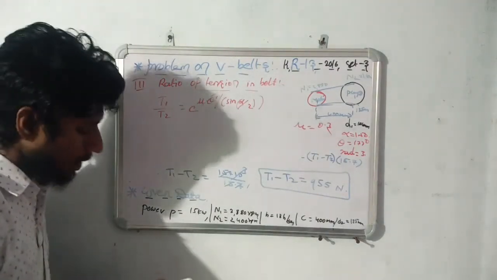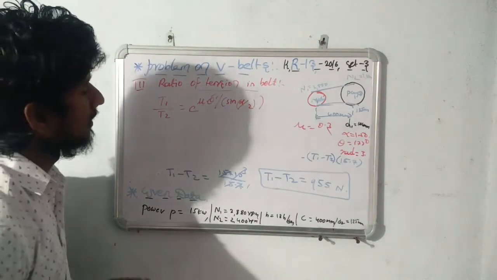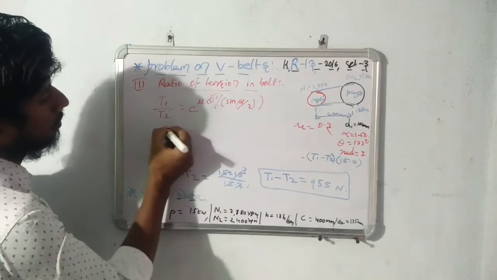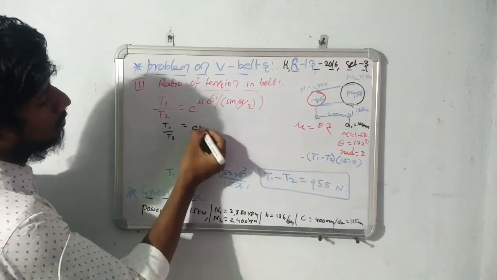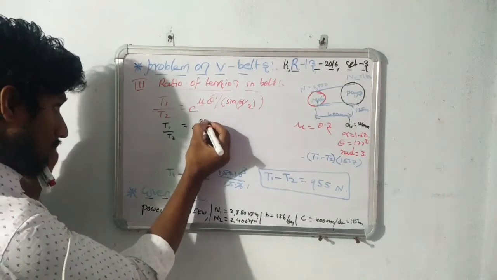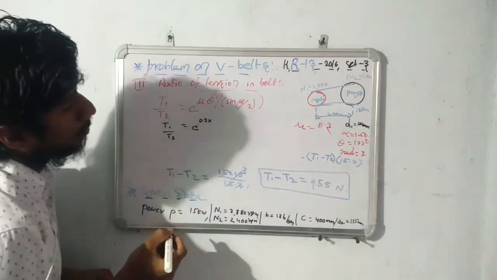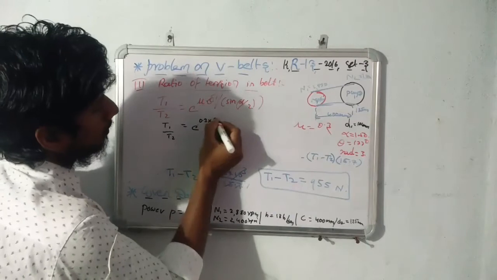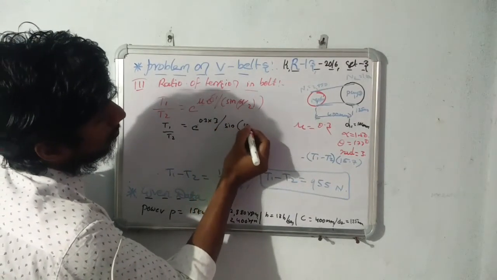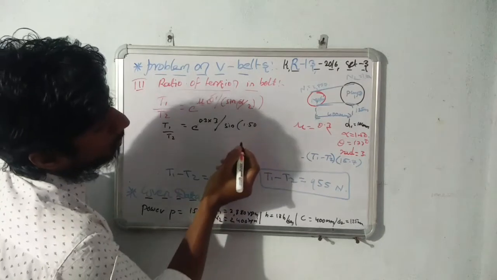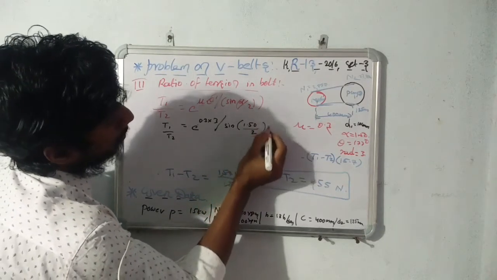Consider that value of coefficient of friction here. By substituting these values, we get the T1 by T2 ratio. T1 by T2 equals e power 0.3 into theta dash in radians, 3, divided by sine of alpha, 1.50, divided by 2.